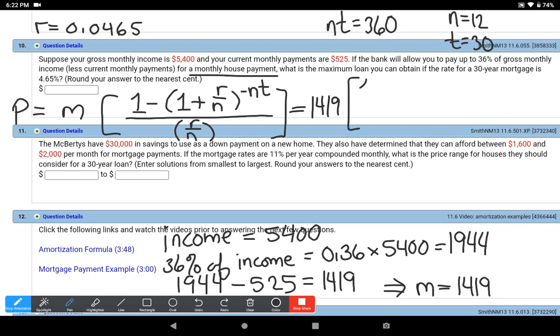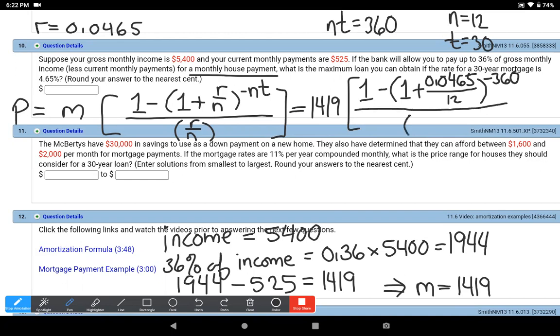1419 times the numerator 1 minus quantity 1 plus R over N raised to the negative 360 exponent.